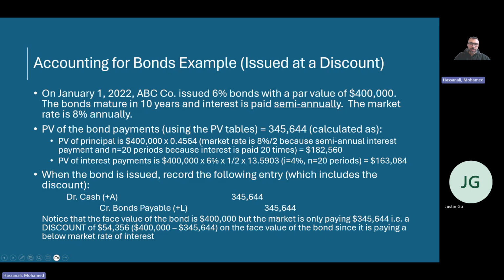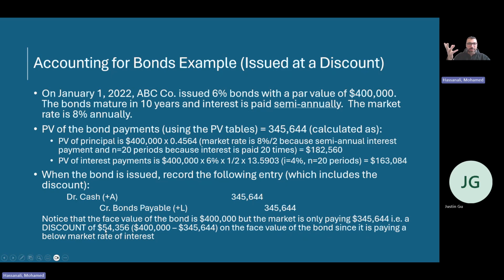So on the balance sheet, you can either directly record the 345,644 as your non-current liability, so you just say bonds payable 345,644, or you can record it as credit bonds payable, showing the full 400,000 face value, and then you record less discount on issuance of 54,356.